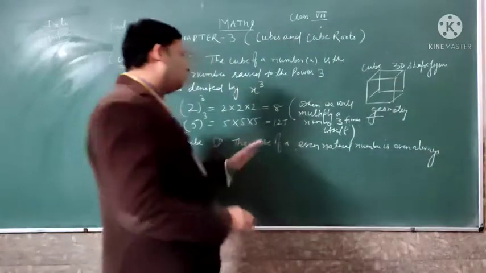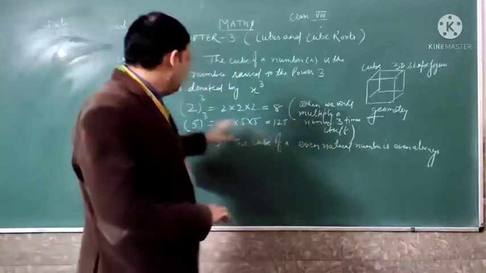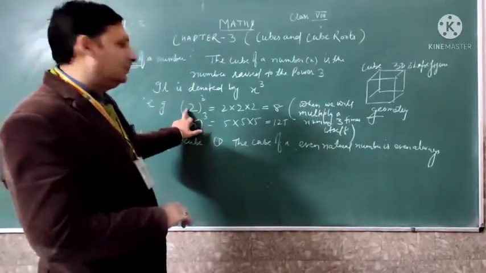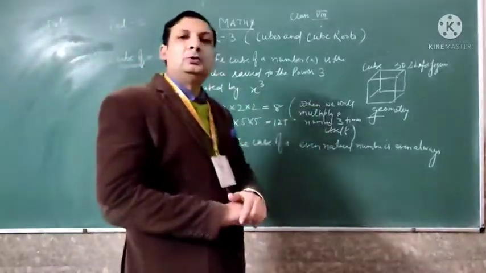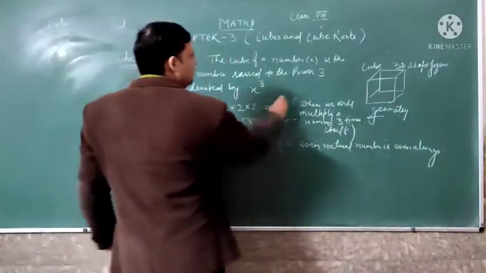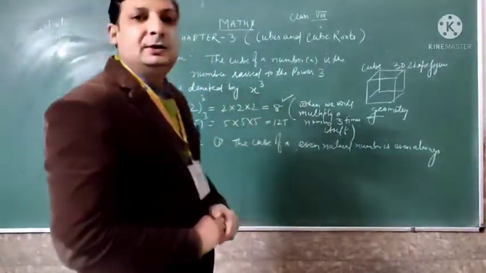See here, I have taken the example 2. 2 is an even number. So when I multiply 2 three times, the result will always be an even number.